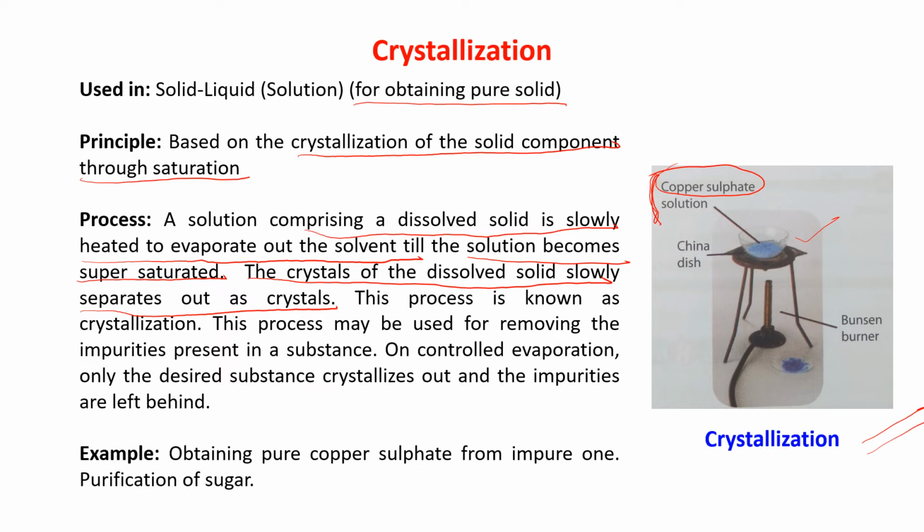This process is known as crystallization. This process may be used for removing the impurities present in a substance. If you do this method, you can get the pure crystals, pure substance. On controlled evaporation, only the desired substance crystallizes out and the impurities are left behind.